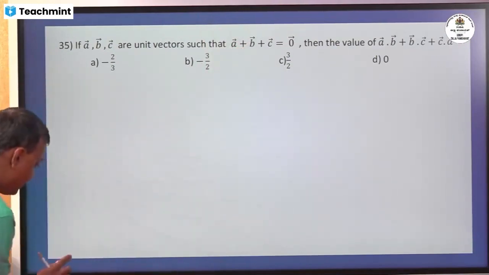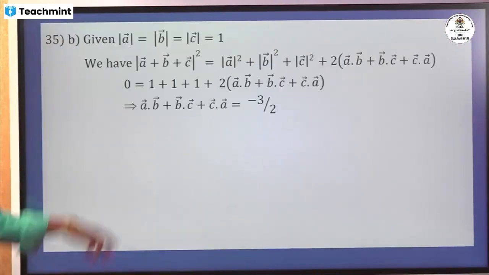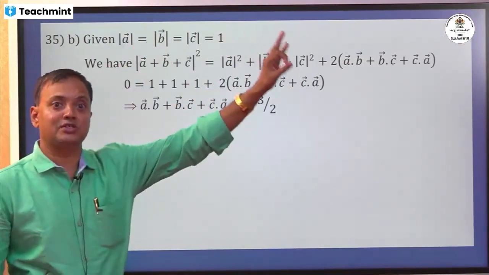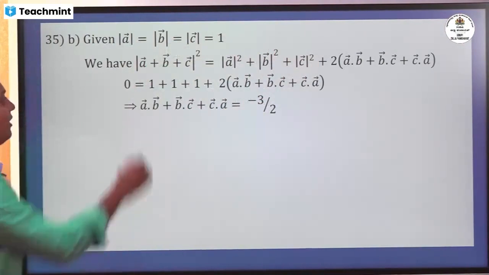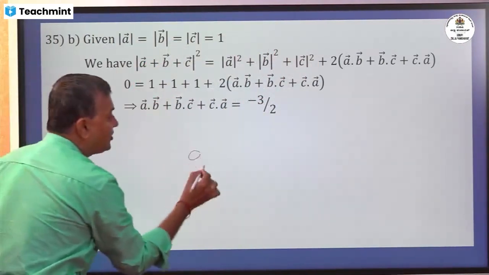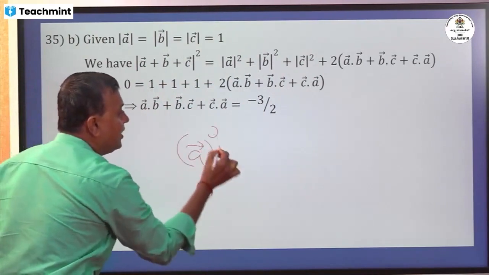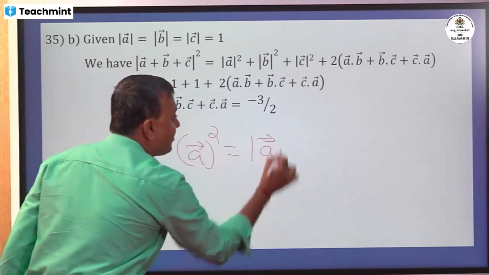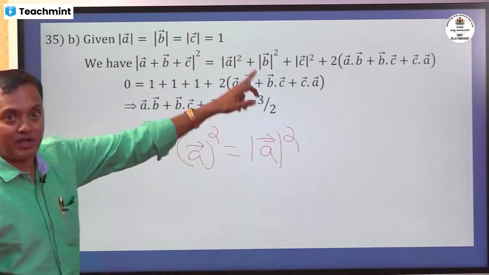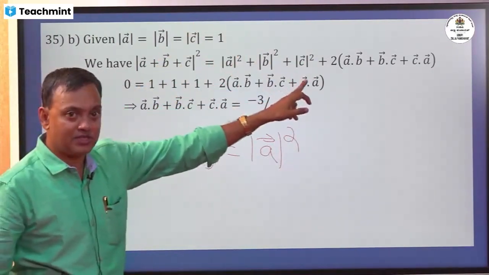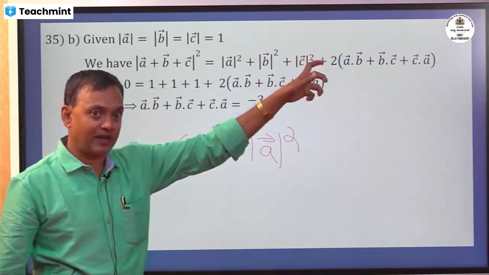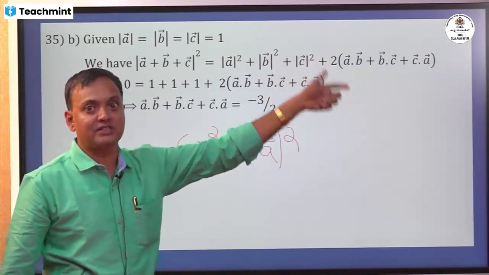What is a plus b plus c whole square? a square plus b square plus c square plus 2ab plus 2bc plus 2ca. But in vectors, we know the square of a vector is nothing but the square of its magnitude. So magnitude of a squared plus magnitude of b squared plus magnitude of c squared equals 2 times, here not the usual product, a dot b plus b dot c plus c dot a.